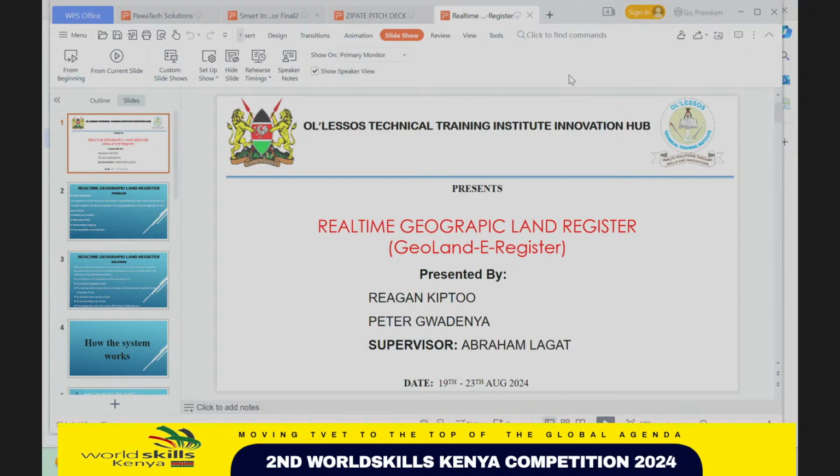It is the same, the file is not opening. So kindly resend it again. So this is a real-time geographic land register, e-register. Mwalimu, you can continue.